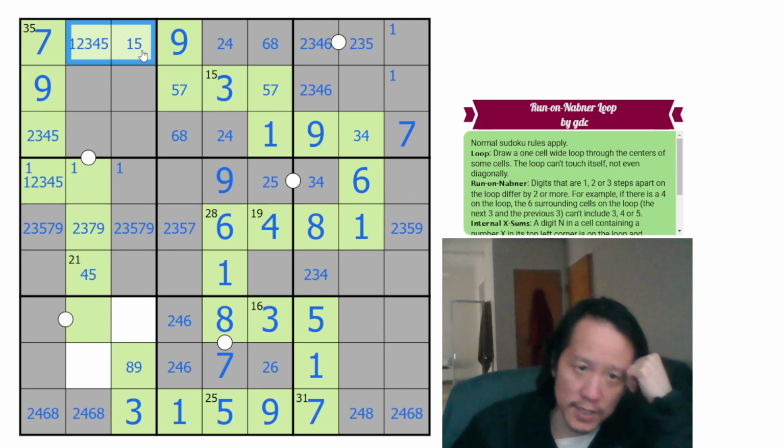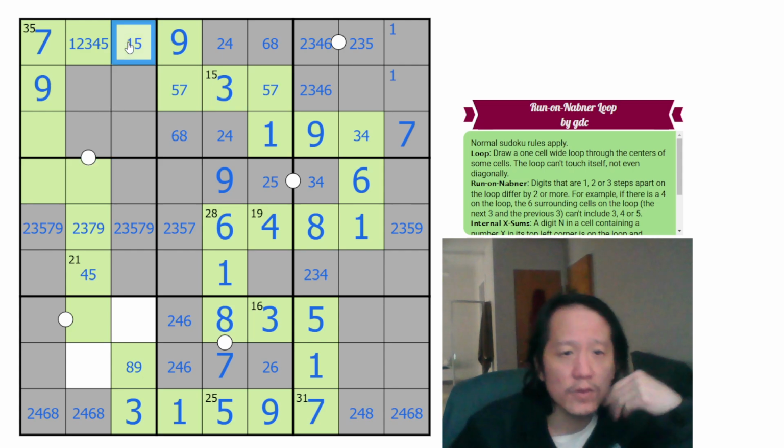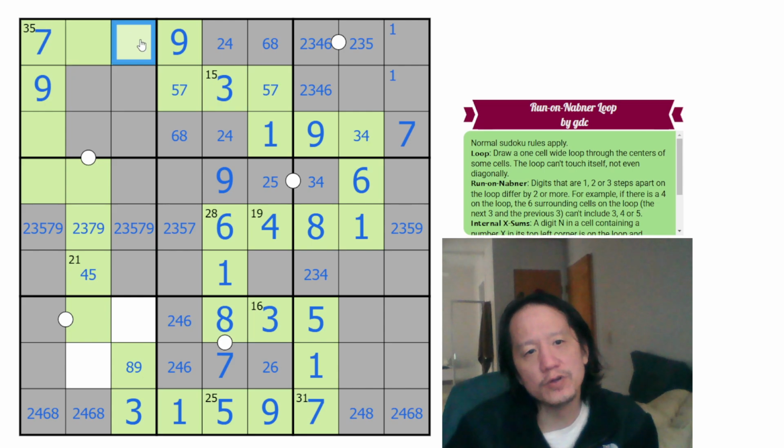Cannot be 1, 1. Cannot be 1, 2. Could be 1, 3, as long as this is 5, 1. Cannot be 1, 4, because then that would require these to add up to 5.